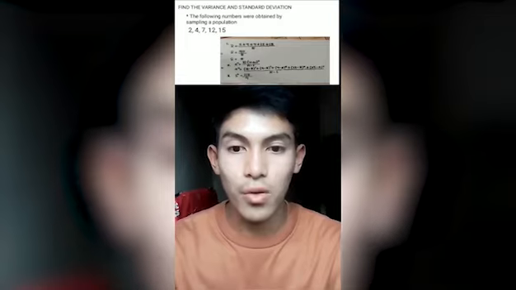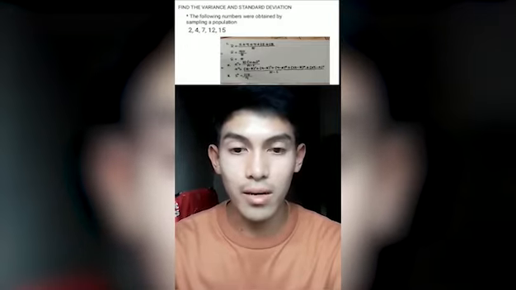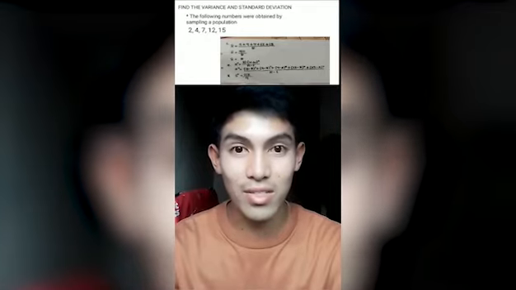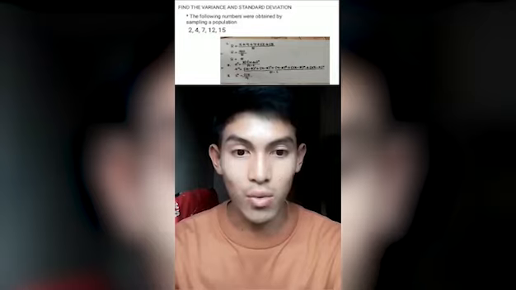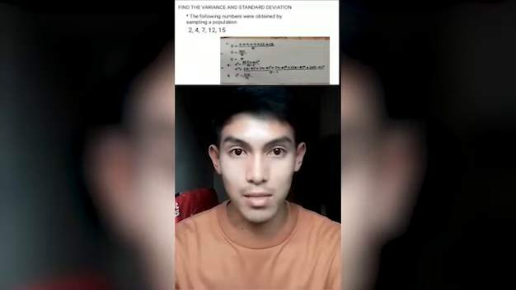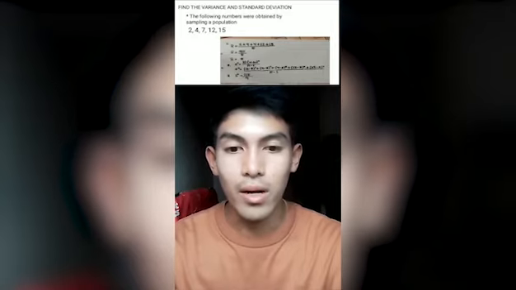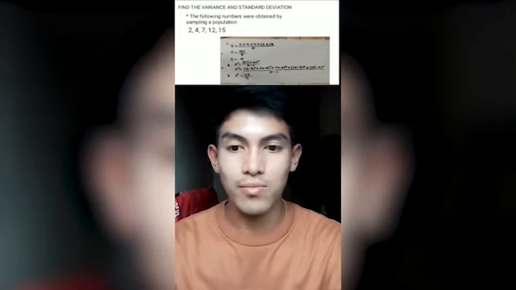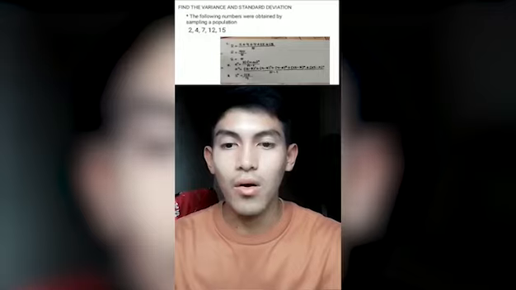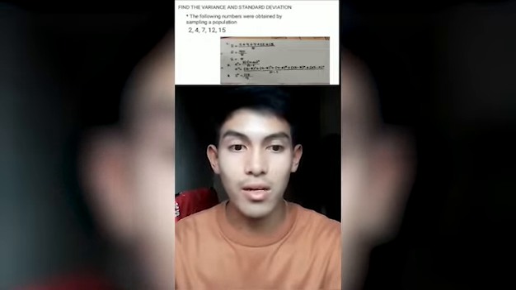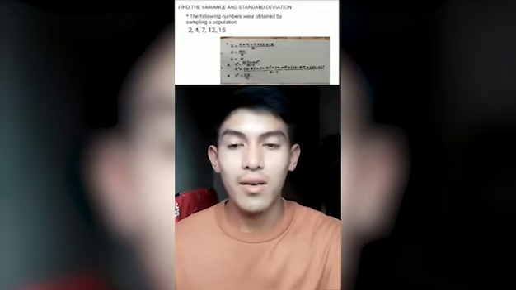So 2 minus 8 squared plus 4 minus 8 squared plus 7 minus 8 squared plus 12 minus 8 squared plus 15 minus 8 squared is equal to 118. All over n minus 1, so substitute the number: 5 minus 1.